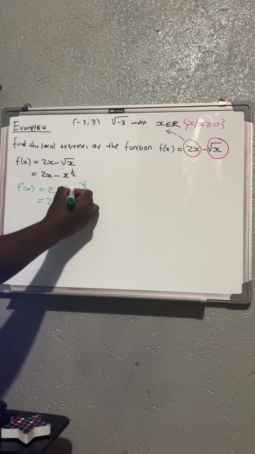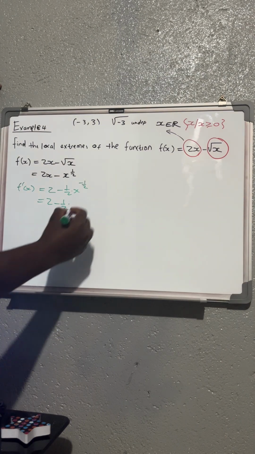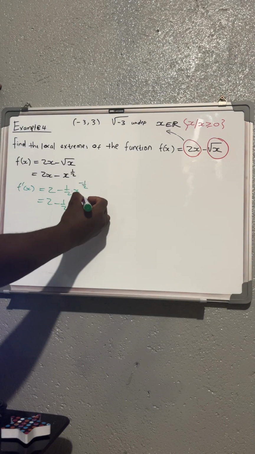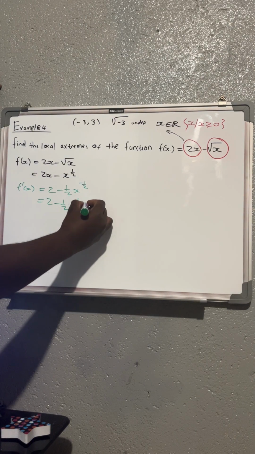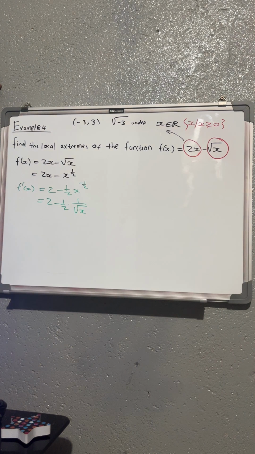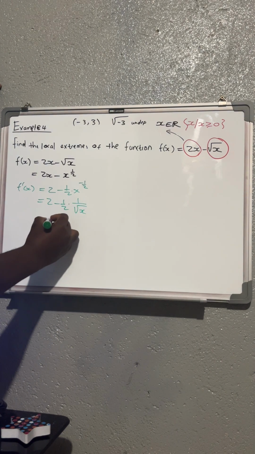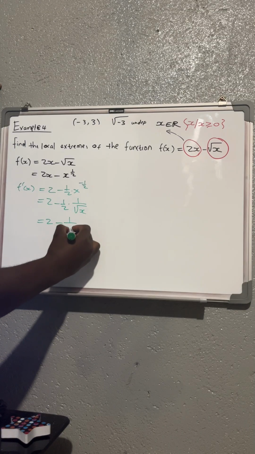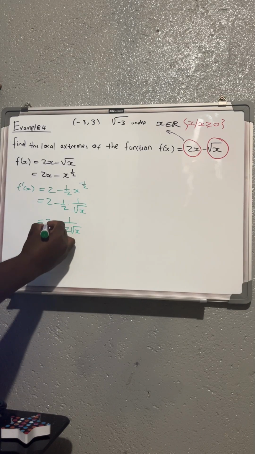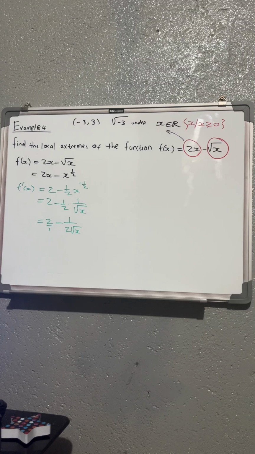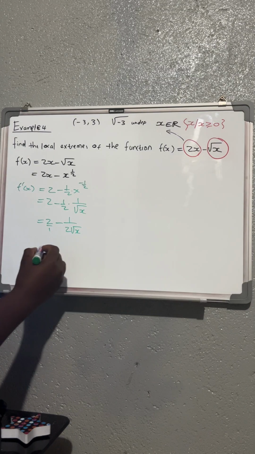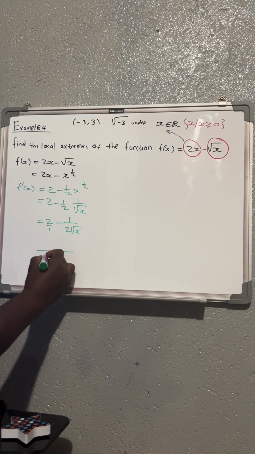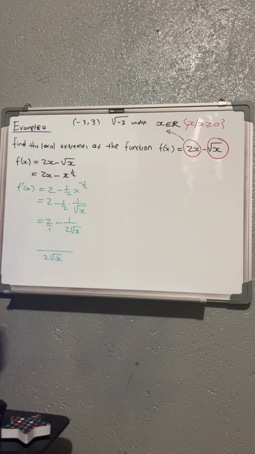Remember here we're multiplying. We can say x to the exponent minus 1 over 2 can be written as 1 over root of x. So to finalize, we will have 2 minus 1 over 2 root of x. Remember this is over 1, which means at the bottom we have 2 root of x.